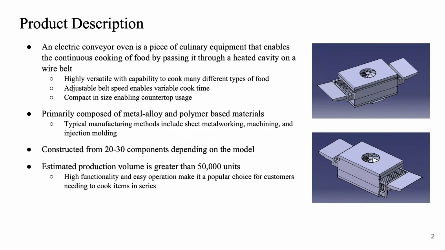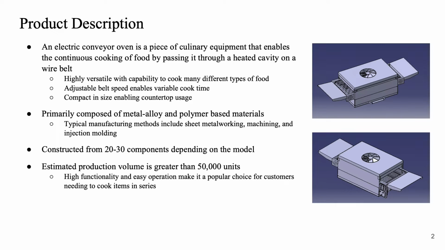An electric conveyor oven is a piece of culinary equipment that enables the continuous cooking of food by passing it through a heated cavity on a wire belt. The wire belt has variable speed, which enables this product to have high versatility and the ability to cook many different types of food. Its compact sizing is advantageous as it enables many different consumers to purchase and utilize this product.